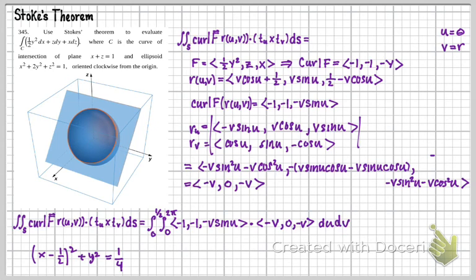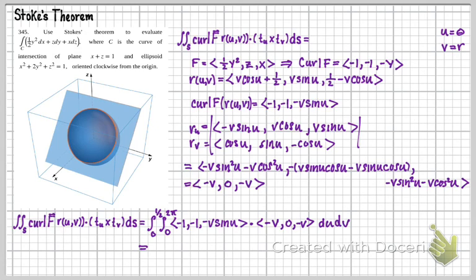Now I should have written that down right away. From now on, when I write my r(u,v), I'm definitely going to write those parameters down right away so I don't lose track of them. Because that was quite a while ago when we came up with this equation to get my r(u,v).